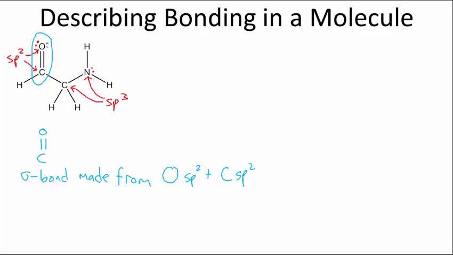So that's where the sigma bond comes from. And then what does the pi bond come from? Pi bond comes from oxygen p orbital and carbon p orbital.